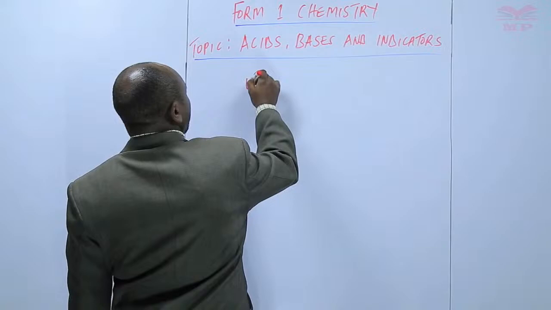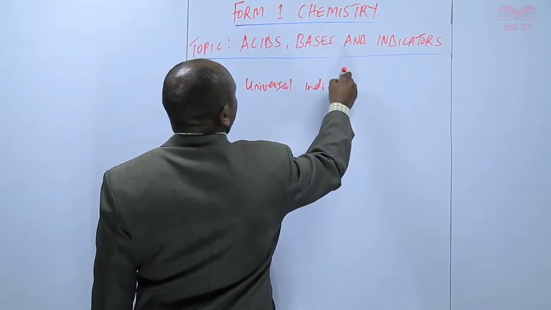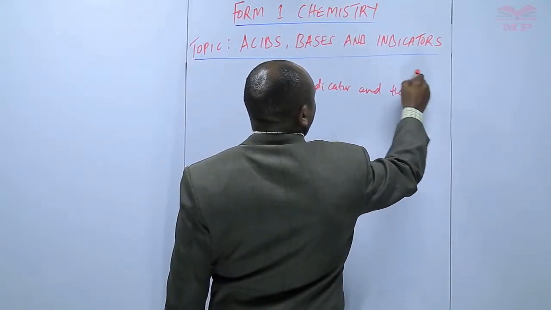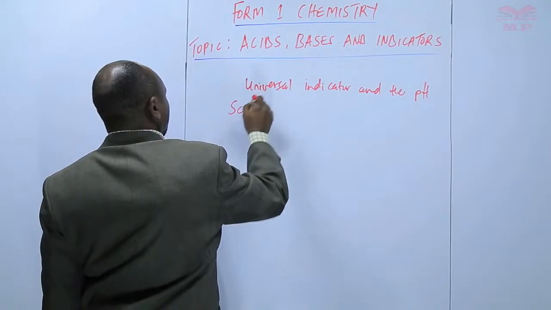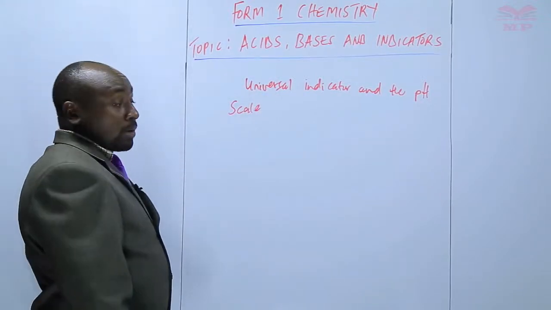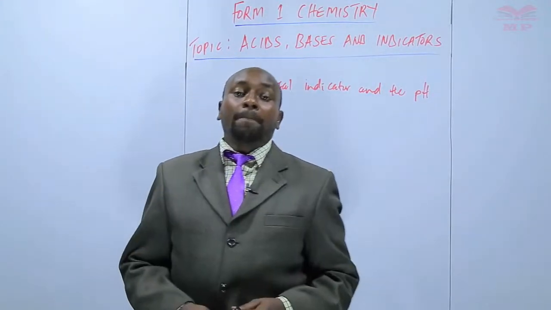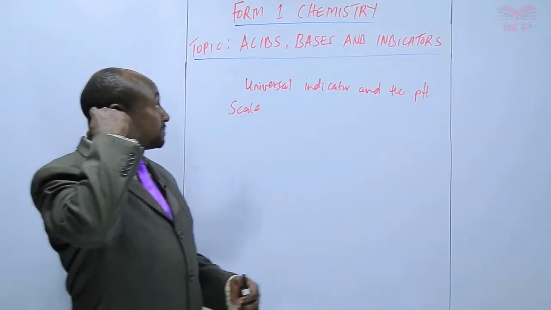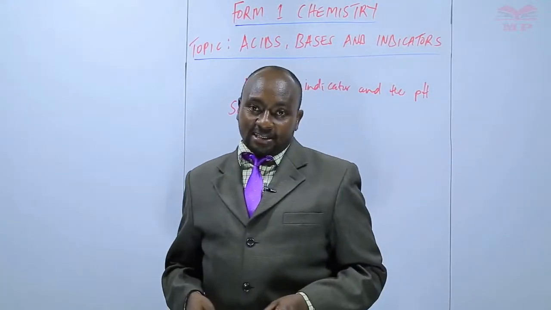So universal indicator and the pH scale. Now, unlike other commercial indicators that we discussed in the previous lesson, we have another indicator that is called universal indicator, and this one is usually a mixture of several indicators.